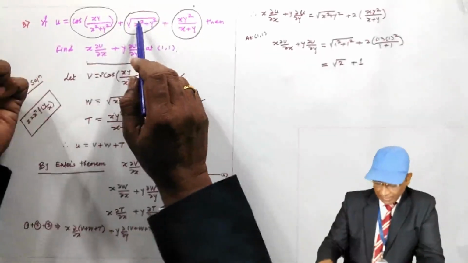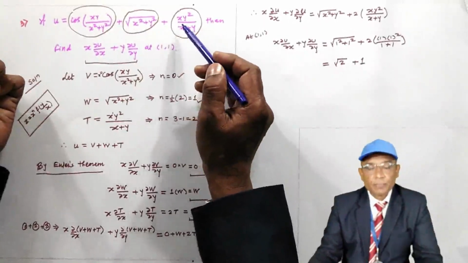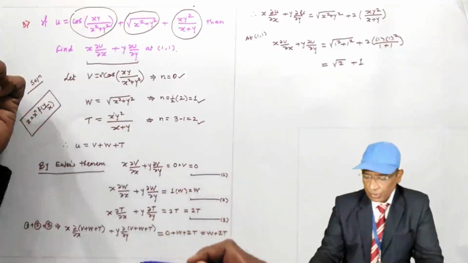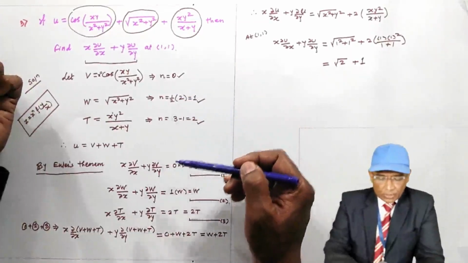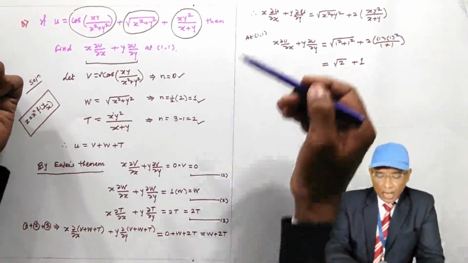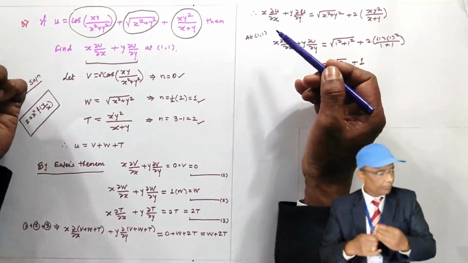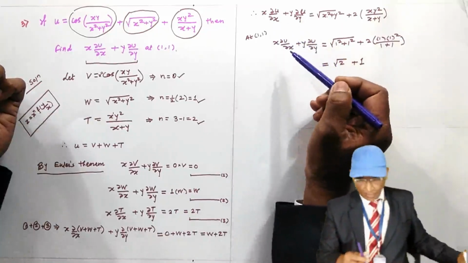Then we added these three equations to get the differential coefficient for U. Finally, we calculated the value at the point 1, 1 by putting X equal to 1 and Y equal to 1.